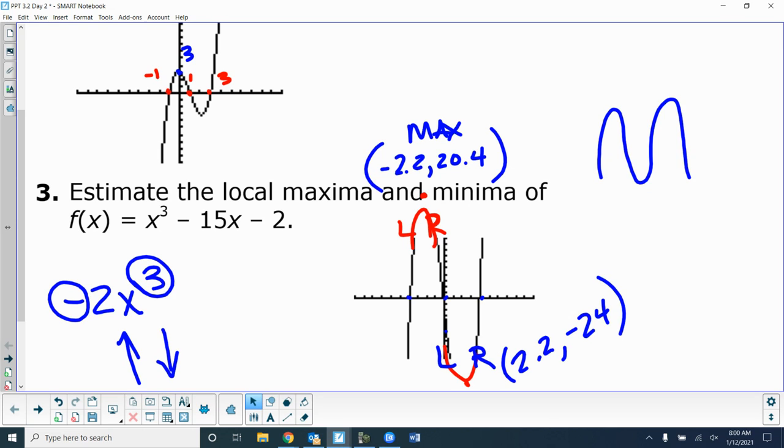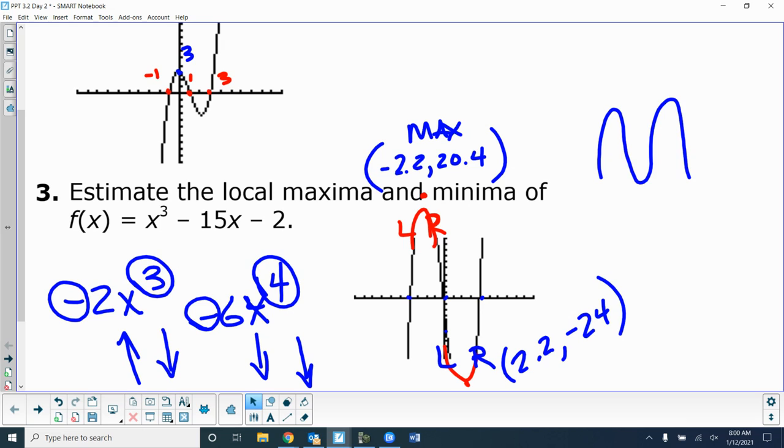Number 4, negative 6x to the 4th was the first term. Oops, x to the 4th. Because it's negative again, the far right's down. Again, negative or positive tells me far right. Odd or even degree tells me opposite or same. So they're both going down for that. Number 4.